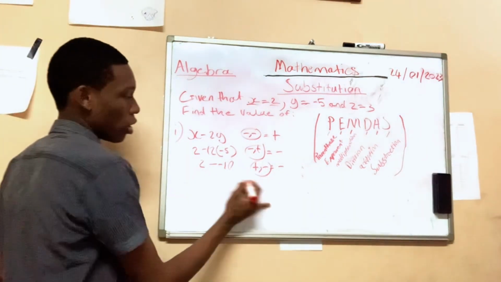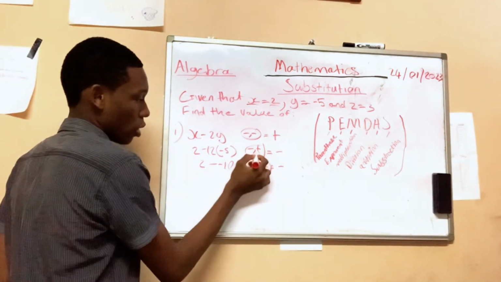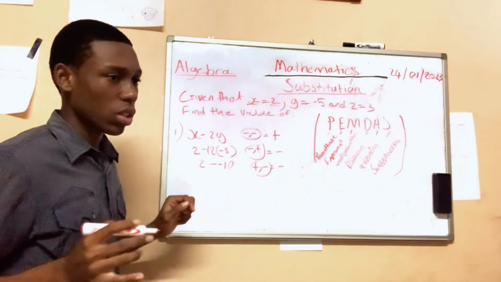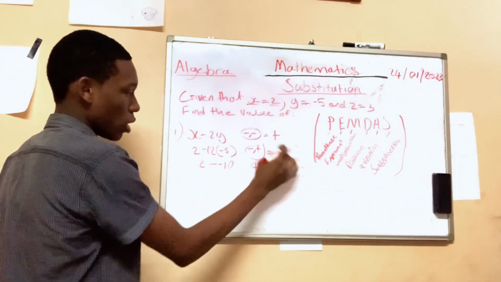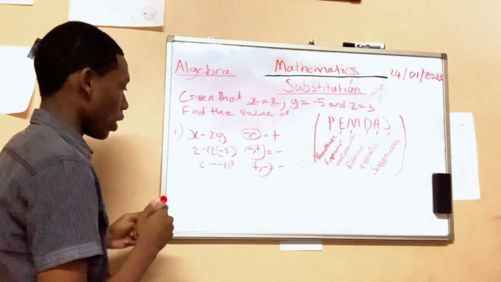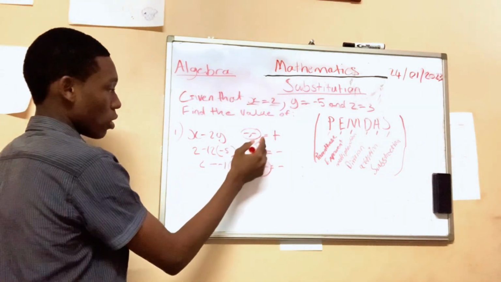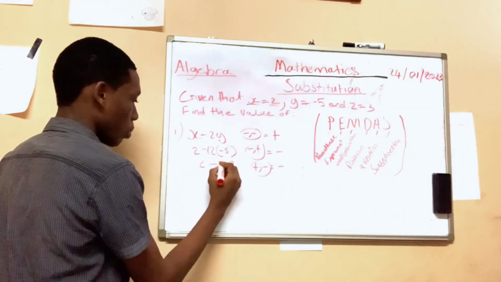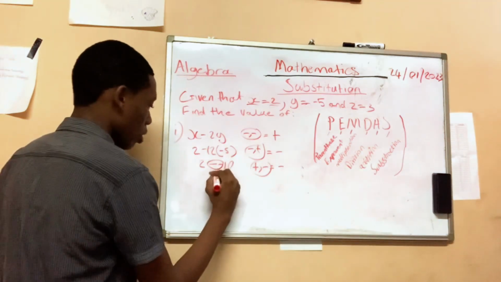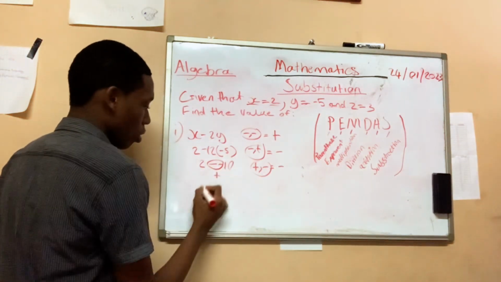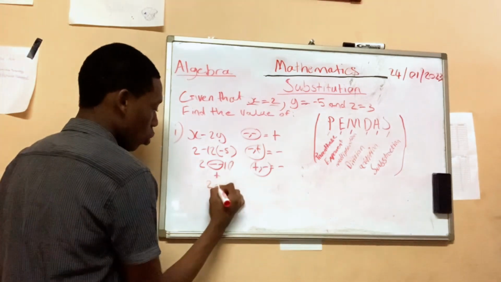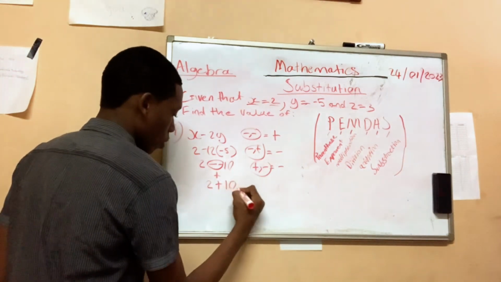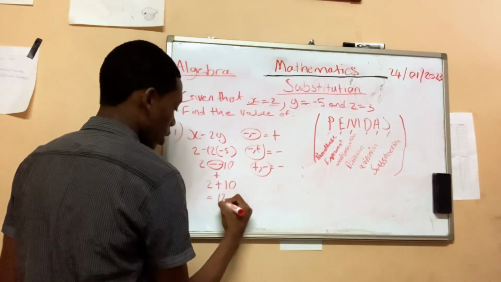This is just the opposite of this, basically. Not really the opposite, but I'm going to switch it around. That's why it's still negative. So in this case, minus times minus gives you a plus, so this turns to plus. So you're going to have 2 plus 10, which equals 12.